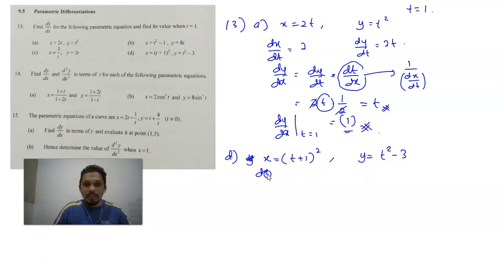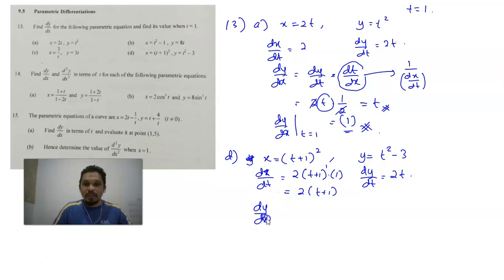So then dx/dt equals, differentiate 2(t plus 1) times 1, so 2(t plus 1), and dy/dt equals, differentiate t squared, equals 2t.